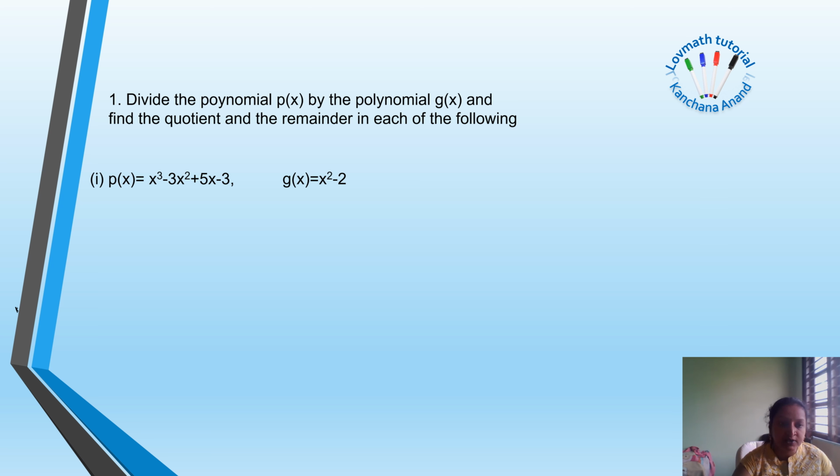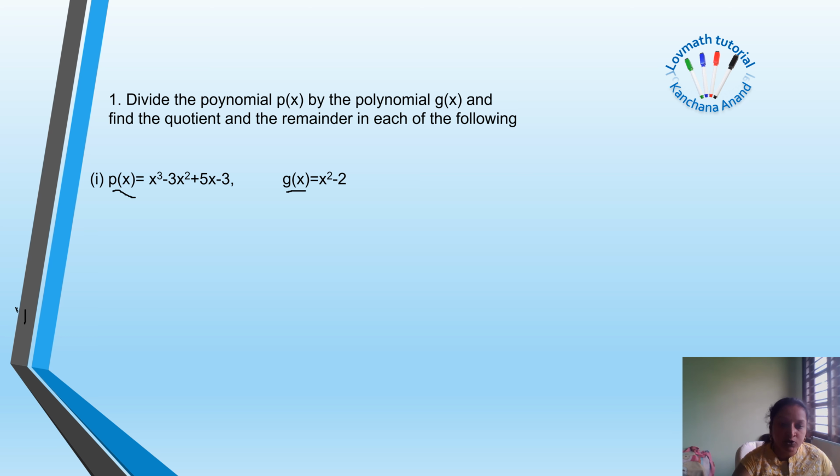The first problem is: divide the polynomial p of x by the polynomial g of x and find the quotient and the remainder in each of the following. We have to divide this p of x by the given polynomial g of x, and then find the quotient and the remainder.